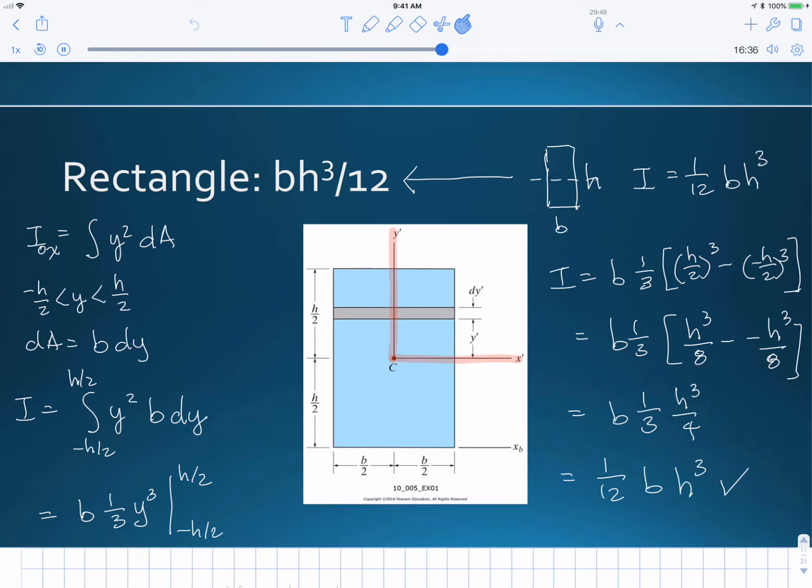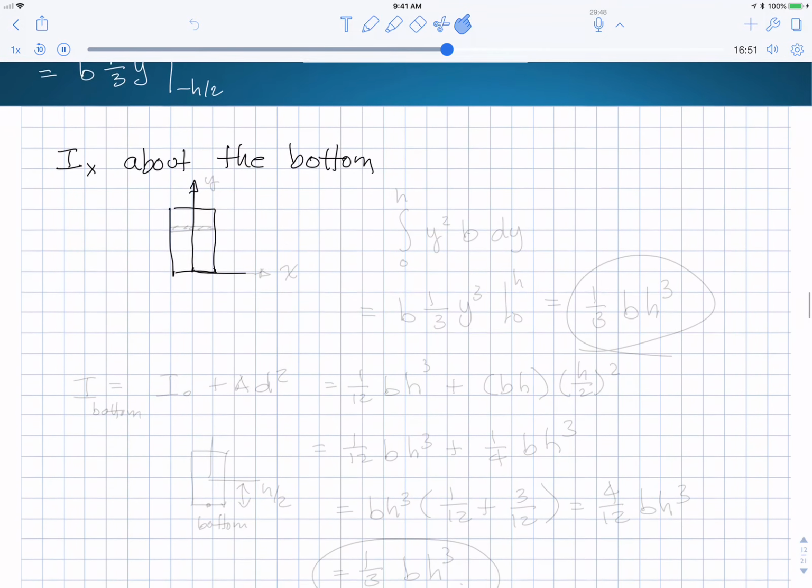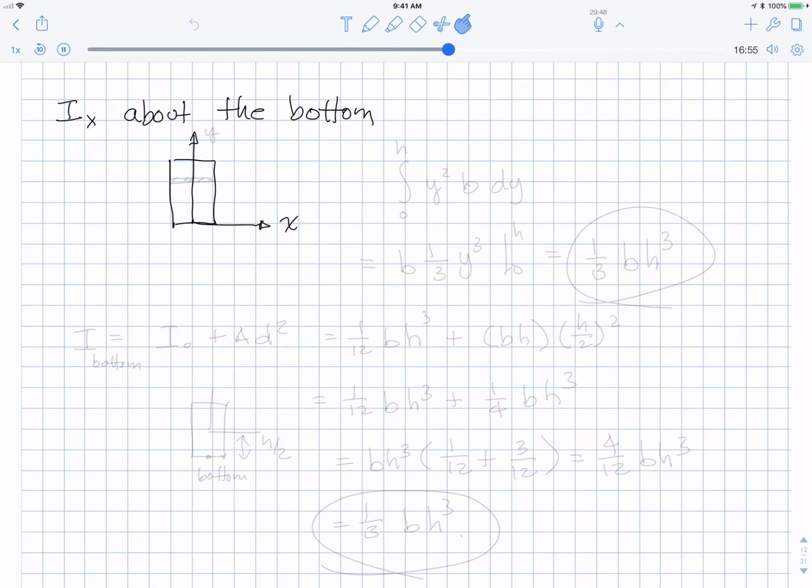Next, we want to get I about x at the bottom. One way to do this is to do the exact same thing, but now put your coordinate system here at the bottom. And we could do this, and it would take a couple steps to do it like this.